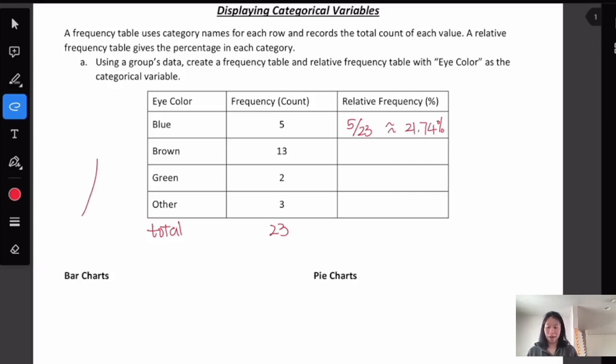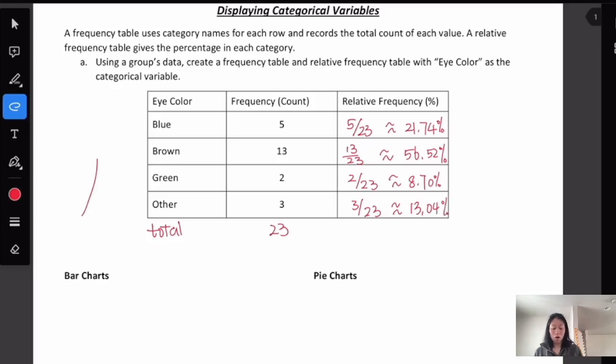For brown eyes, the relative frequency is 13 out of 23, which is approximately 56.52%. Green eyes is 2 out of 23, which is approximately 8.7%. And other is 3 out of 23, which is 13.04%.